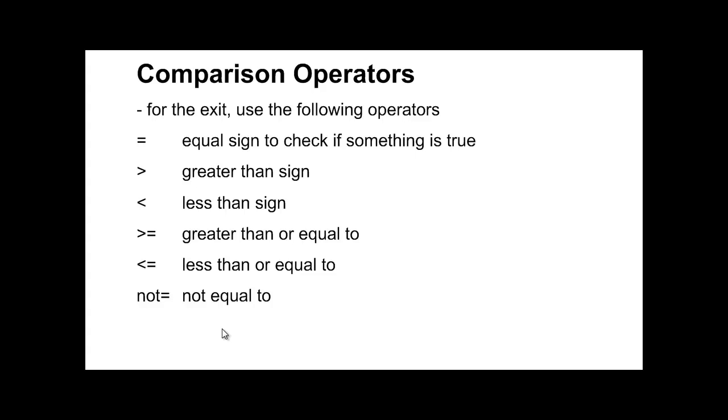This is actually a good thing for a Boolean to be used in a loop, because if we have, for instance, a game state such as the hero's alive or something like that, we can do this loop as long as the hero remains alive. So as long as it's not equal to the death game state. Hopefully that makes some sense. But we can use any of these operators in an exit when.